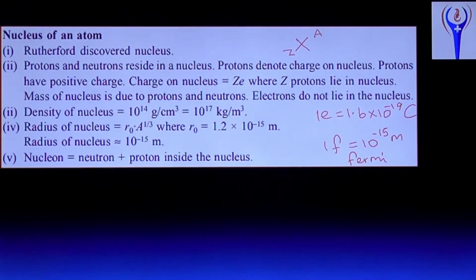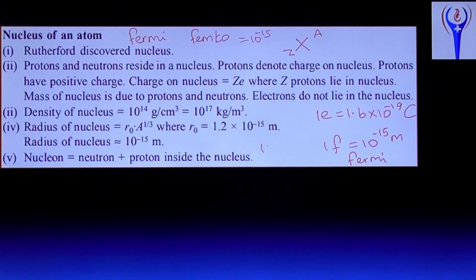One student asked, what is the difference between Fermi and femto? Can you say what the difference is? Fermi means 10 power minus 15 meter. Femto means 10 power minus 15, that's all. It may be femtosecond, 10 power minus 15 second, any unit.